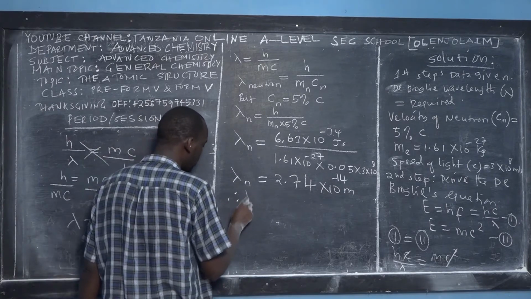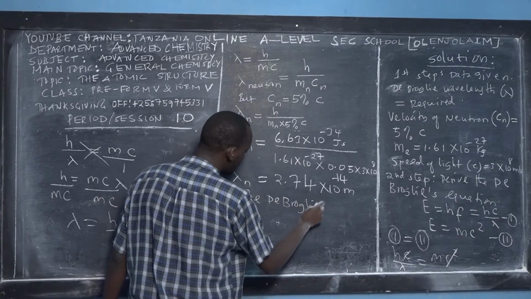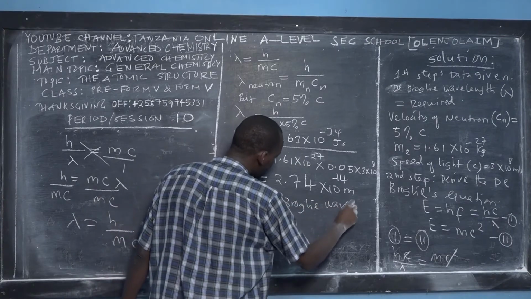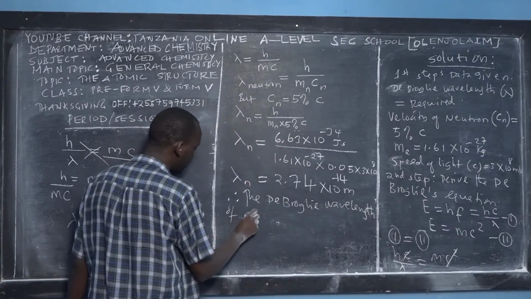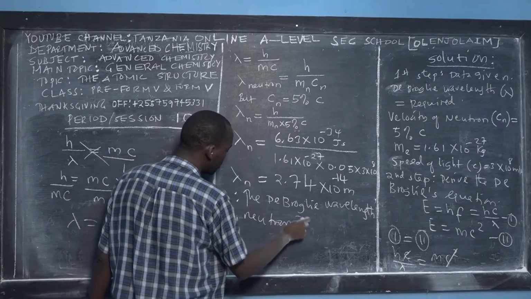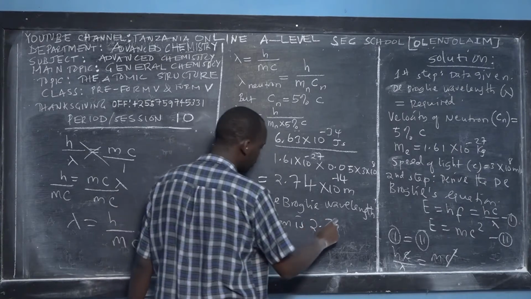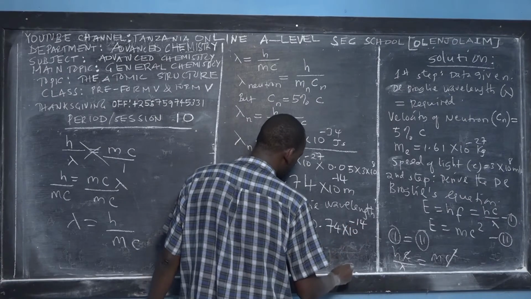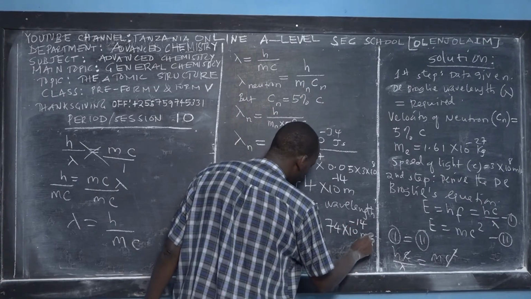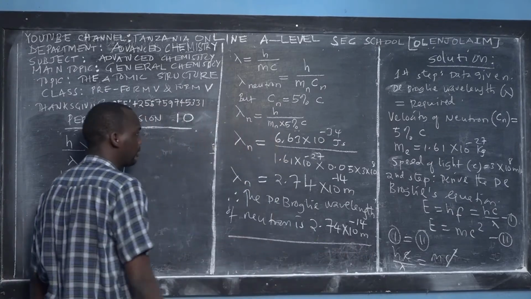Hence the de Broglie wavelength of the neutron is 2.74 exponent negative 14 meter. Right? So that is the de Broglie wavelength.